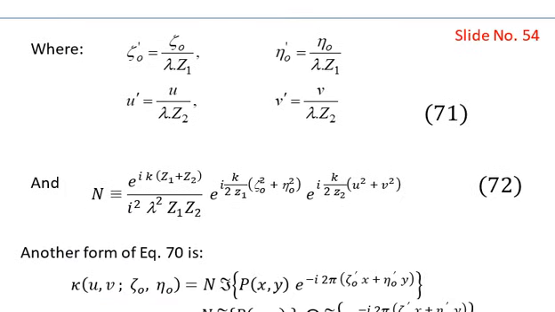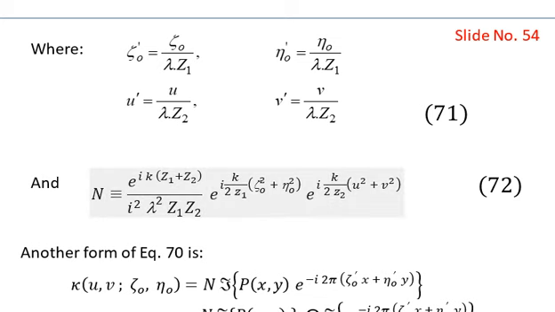So zeta naught prime is equal to zeta naught over lambda z1, eta naught prime is equal to eta naught over lambda z1, u prime is equal to u over lambda z2, v prime is equal to v over lambda z2, and N was defined as equal to e to the power iota k (z1 plus z2) divided by iota square lambda square z1 z2, and then two quadratic phase factors.